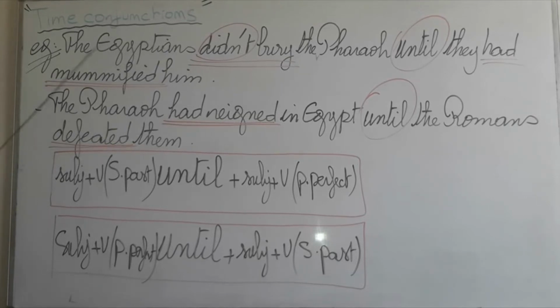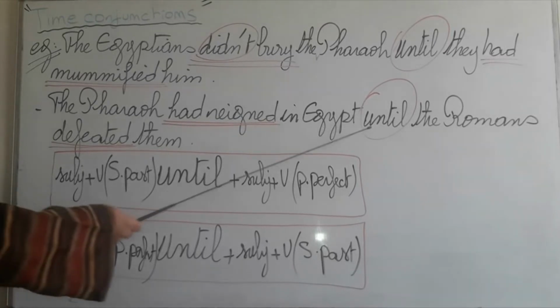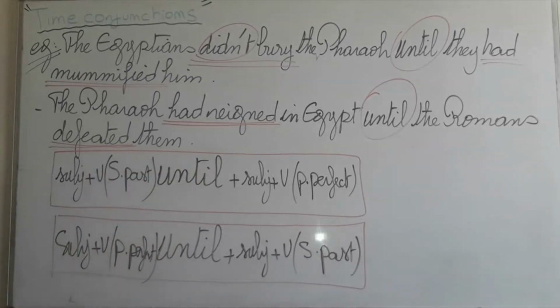Until's place is always in the middle of the sentence. So we always find until there.